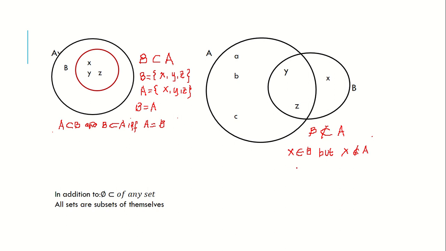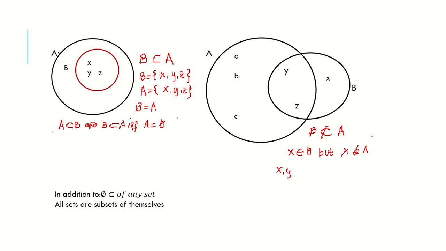Then Y is an element of B and Y is an element of A. So Y here is an intersection.